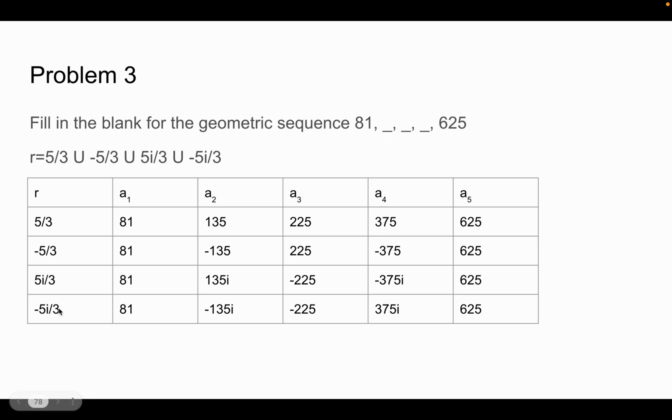And finally, we have negative 5i over 3. Every time we just multiply 81 by negative 5i over 3. So 81 times negative 5i over 3 is negative 135i, and that times negative 5i over 3 is 225, and so on.